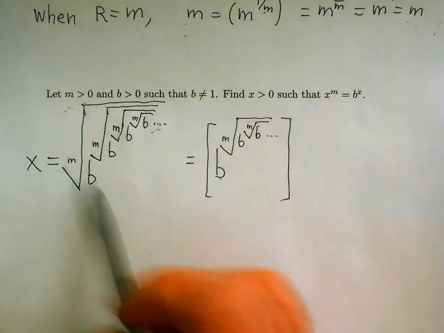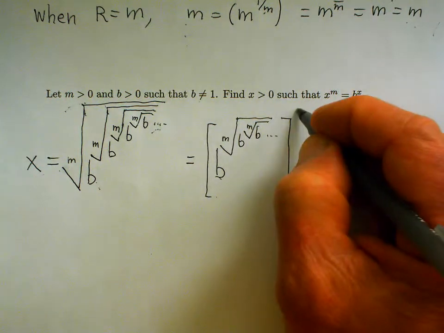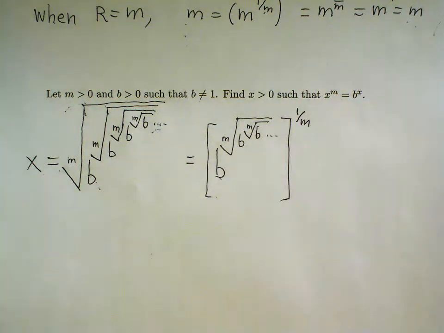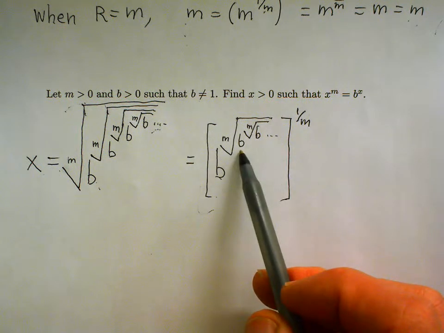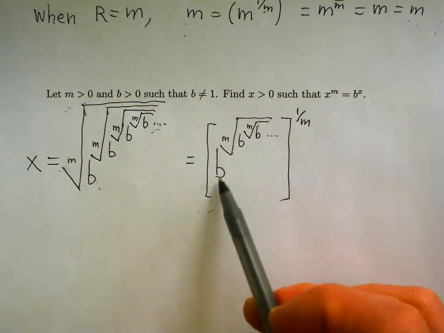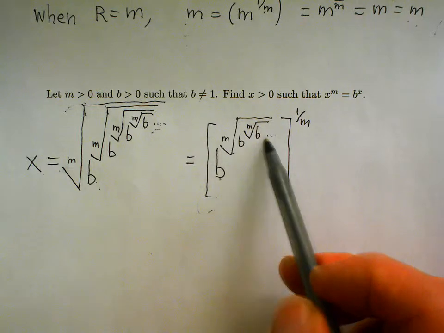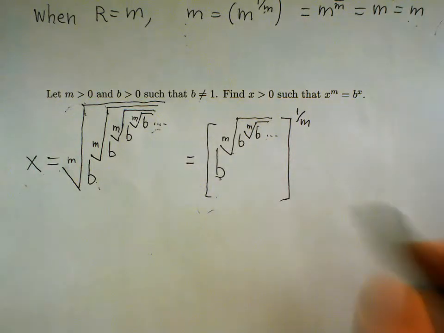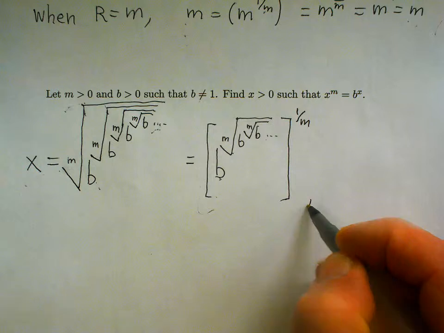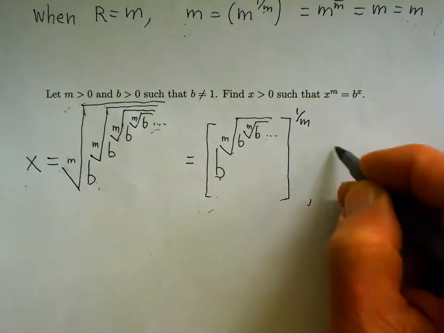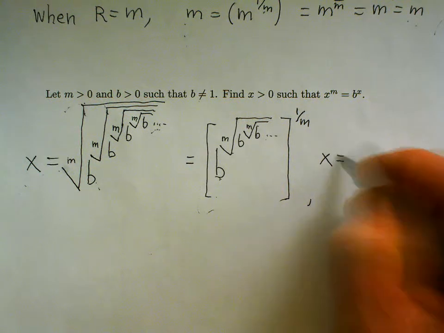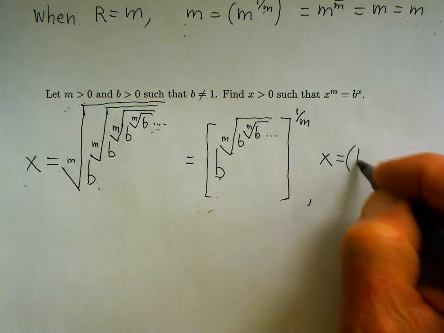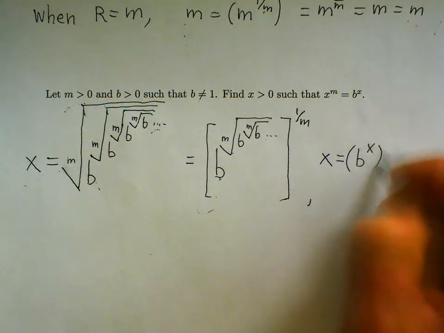But the mth root of something is just that something raised to the exponent 1 over m. Notice that inside the brackets, the exponent on b is the same as what is equal to x. So we can just write x is equal to b to the x, to the 1 over m.